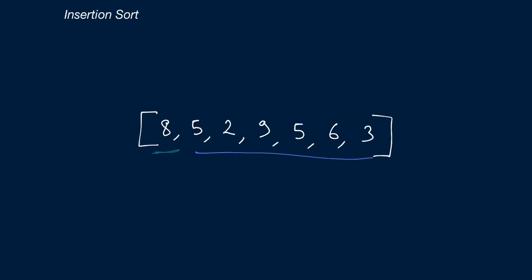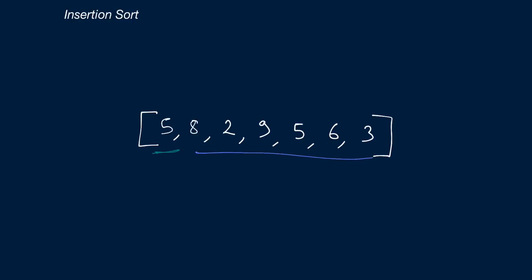So we start at 5, and we say, well, okay, where does 5 go in this list here with 8? Well, it goes before 8, okay? So let's swap 8 and 5. Here, we're going to erase 8, we're going to erase 5, we're going to put 5 here and 8 here.